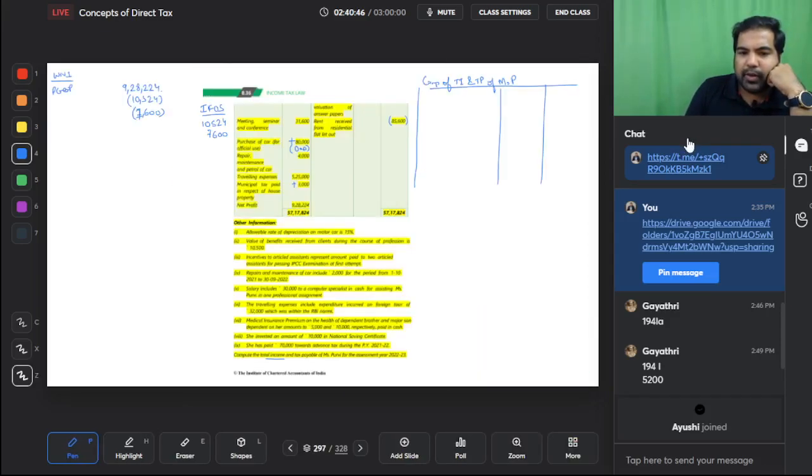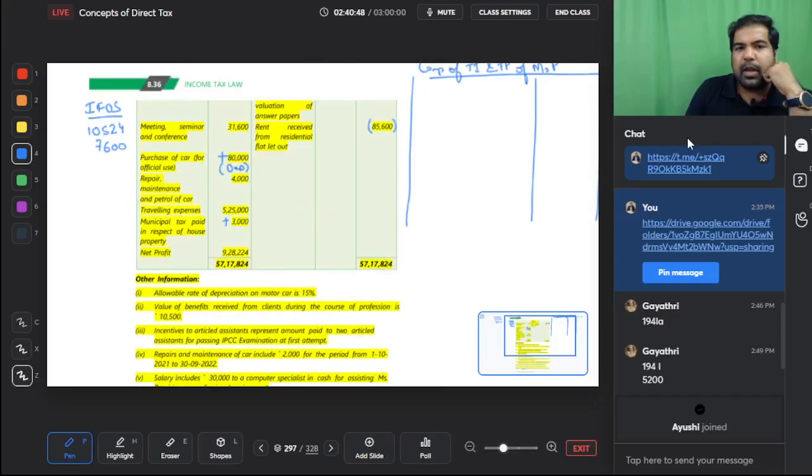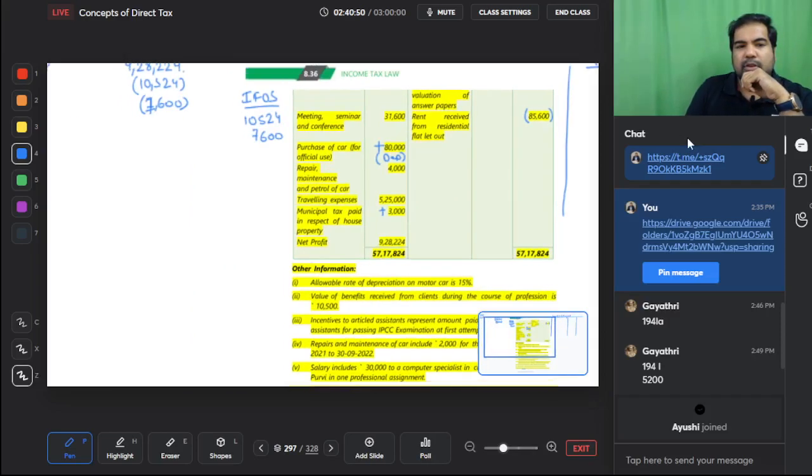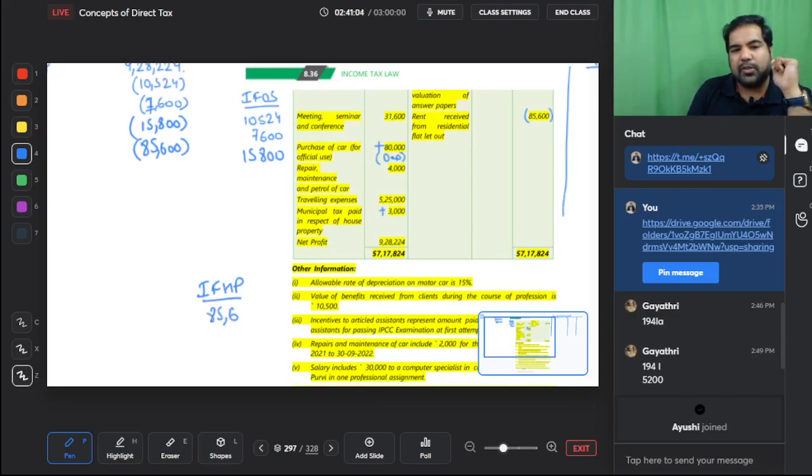Honorarium 15,800 and 85,600. So 15,800 I'm removing from here and I'm putting it here, and 85,600 I'm removing from here, but I can't put it in IFOS, I'll have to put it in IFHP, that is 85,600.